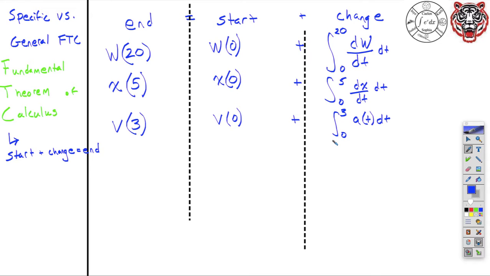Okay, and then let's try, so all of these so far have been specific because just by how I'm lettering them. So let's say that all three of these are specific. When I give you a W, an X, or a V, you know I'm talking about something very specific.